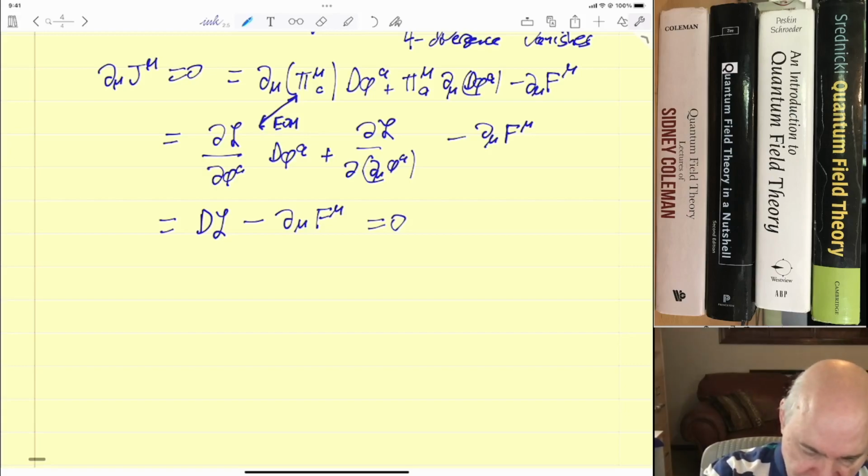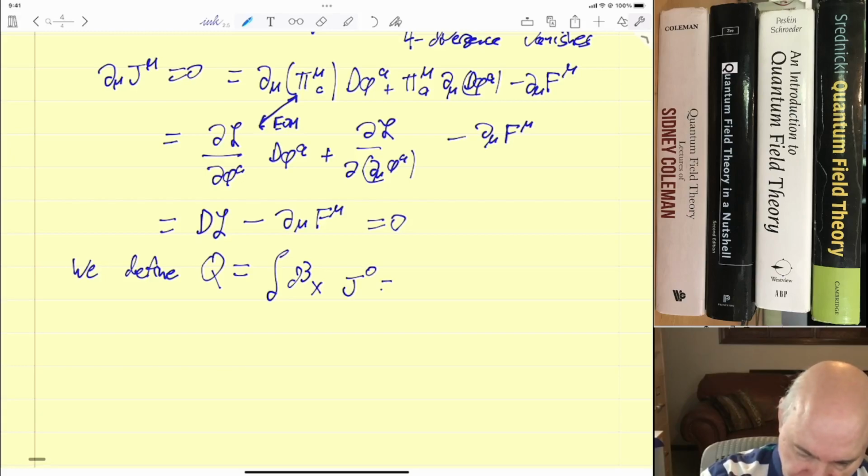And here we define the charge Q as the spatial integral of the time component of the current, which is equal to pi 0a d phi a minus the integral of d3x f0.